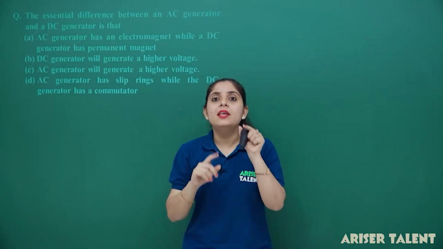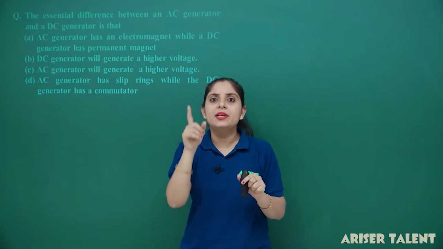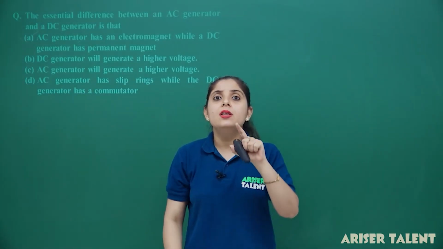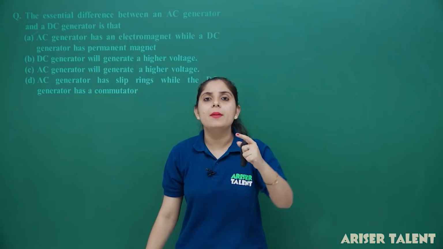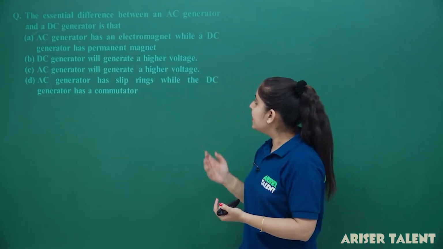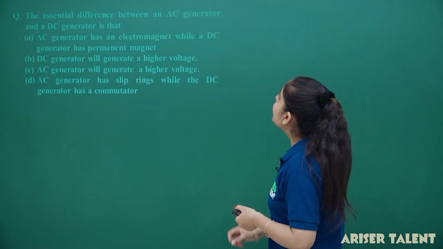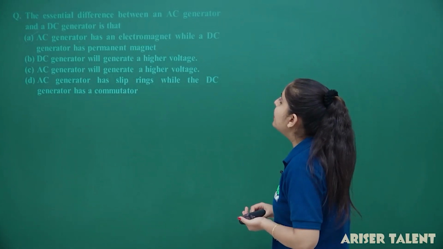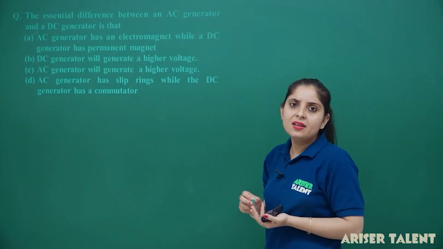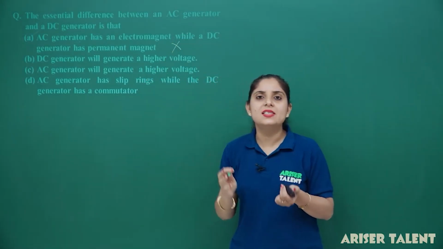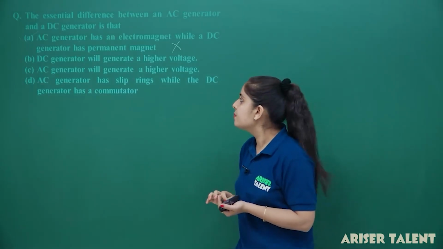In an AC generator the rings are complete rings, but in a DC generator we have split rings, which we call a commutator. So let's read the options first so we can analyze the correct option. AC generator has an electromagnet while DC generator has a permanent magnet. This statement is absolutely wrong because both consist of strong permanent magnets.